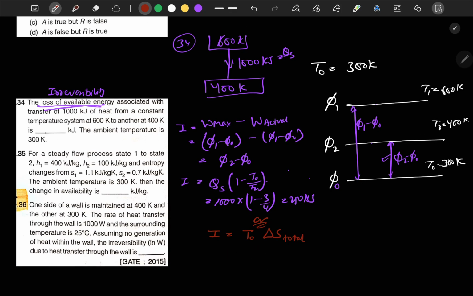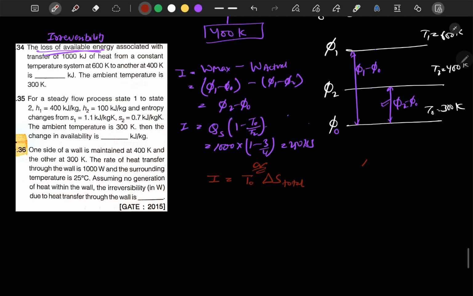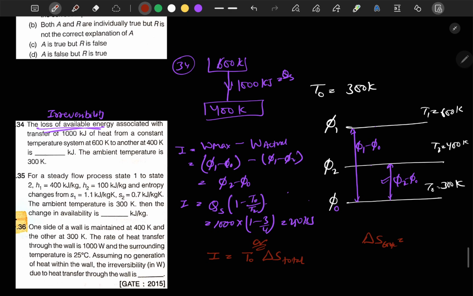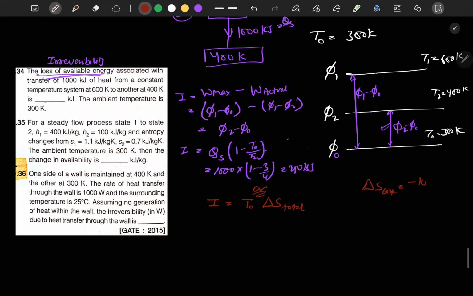Delta S total is delta S for both bodies. Delta S for the 600 Kelvin body is minus 1000 upon 600, since this Q amount is rejected from here. Similarly, delta S for the 400 Kelvin body is 1000 upon 400, which is 2.5. The first is minus 5 by 3.